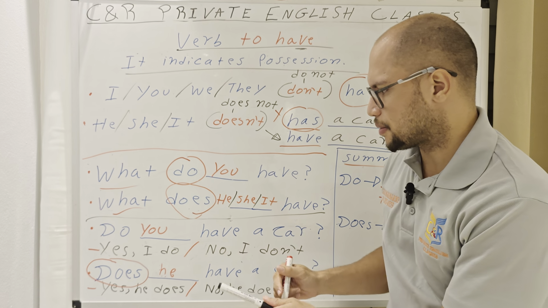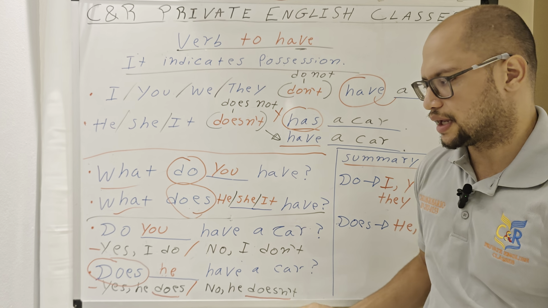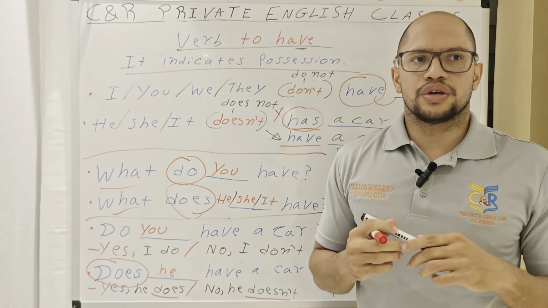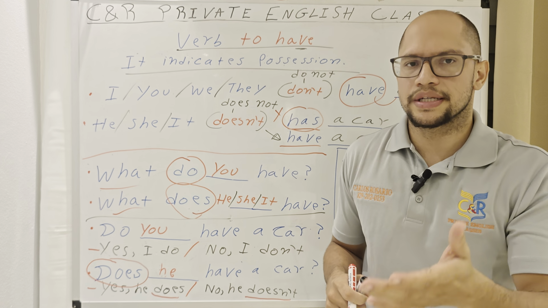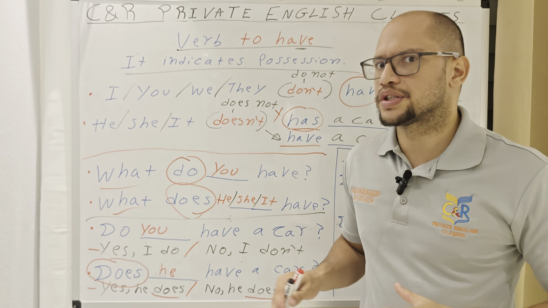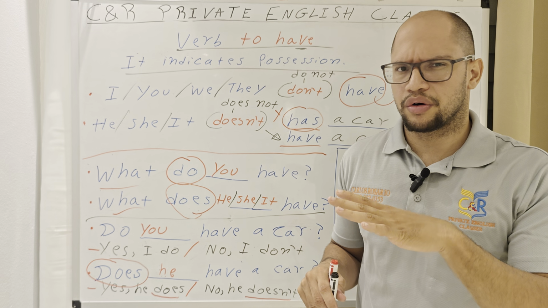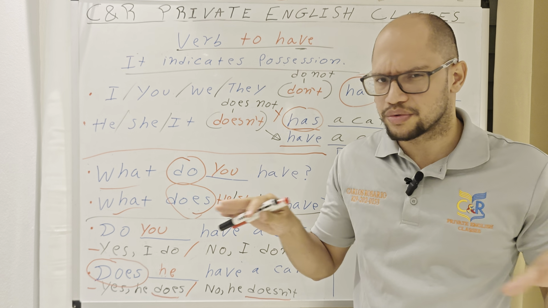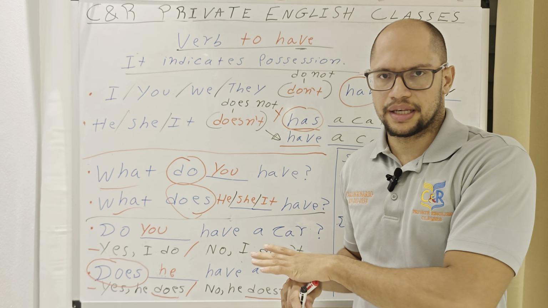In this case, remember the auxiliary is does. Negative, doesn't. Does your sister have a boyfriend? Yes, she does. No, she doesn't. Never say yes, she has, or no, she hasn't. Don't say that. Yes, she does. No, she doesn't.